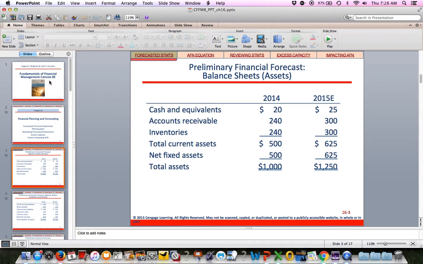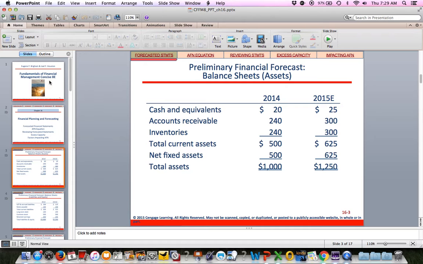And so what they'll do in the PowerPoint is just give us an example, and you can see here we've got the beginning of a balance sheet. Part of it's on this slide, and then a little bit more is on another slide. You can see here we've got a 14 actual and then a 15 estimated. So the 14 is an actual number, 15 is what we project will be the next year.